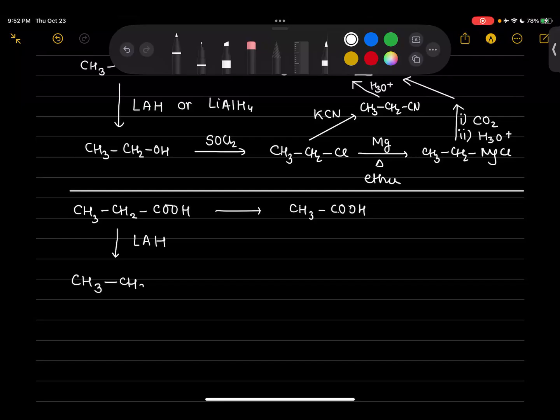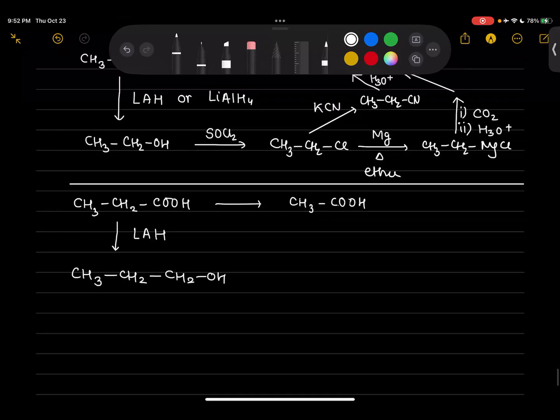But how will it help us to decrease the number of carbon atoms? That is yet to be worked out. So what we do, we can take concentrated H2SO4. What will concentrated H2SO4 do on alcohol? Tell me quickly.